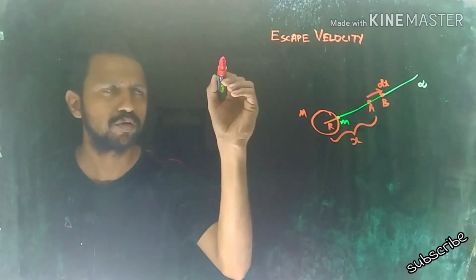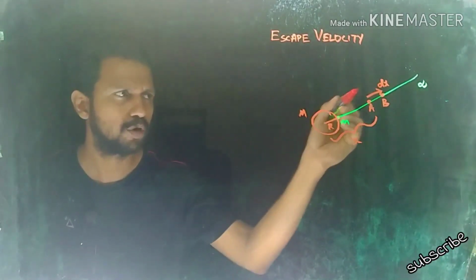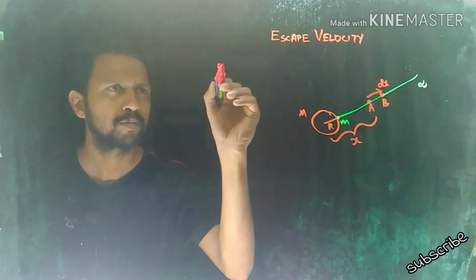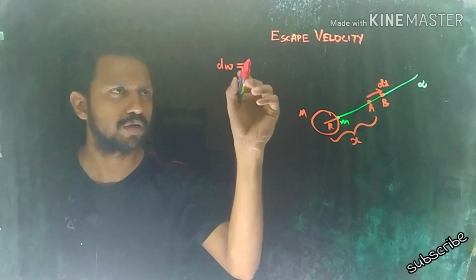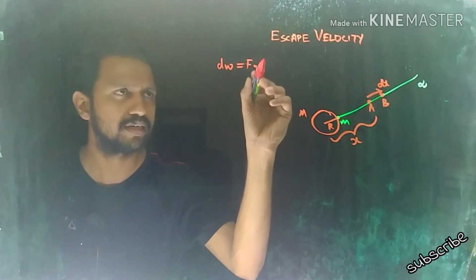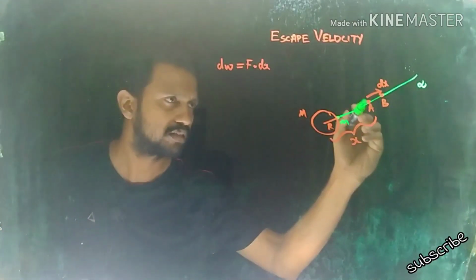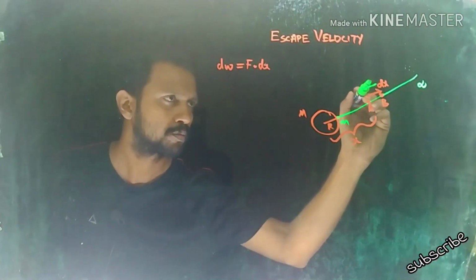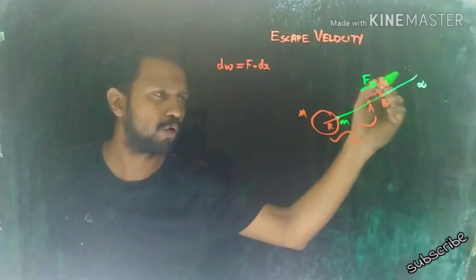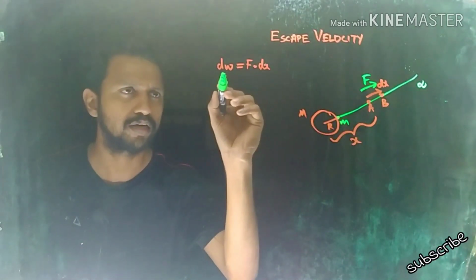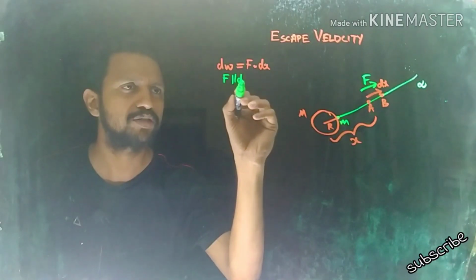As we all know, the work's relation is F dot x. The small work done in moving the mass from A to B will be dW is equal to F dot dx. If I am applying a force in this direction itself, the force and distance are in the same direction. Therefore, I could write F parallel to dx.